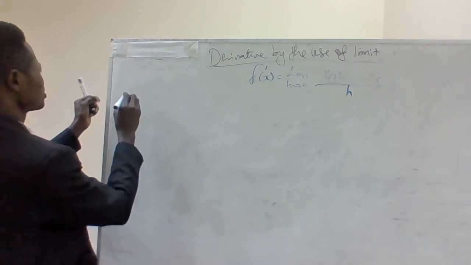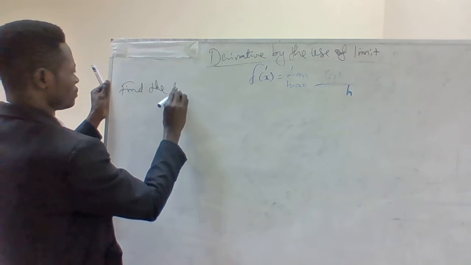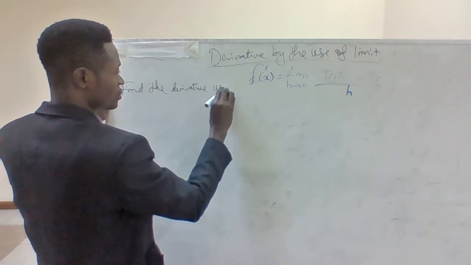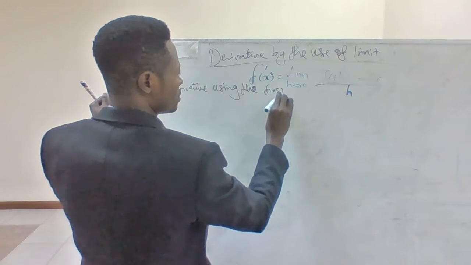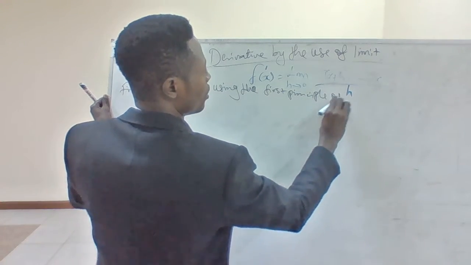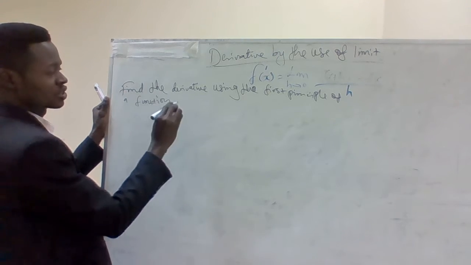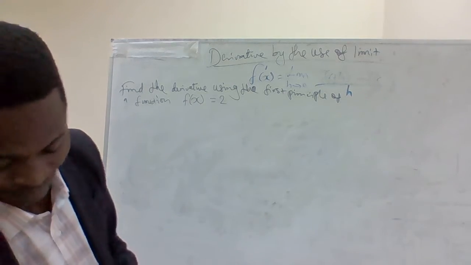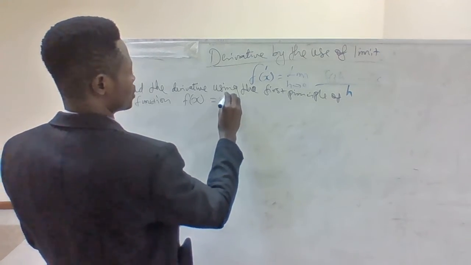Assuming that you are asked to find the derivative using the first principle of a function, and what is the function? f of x is equal to 2x, or let us take x squared.